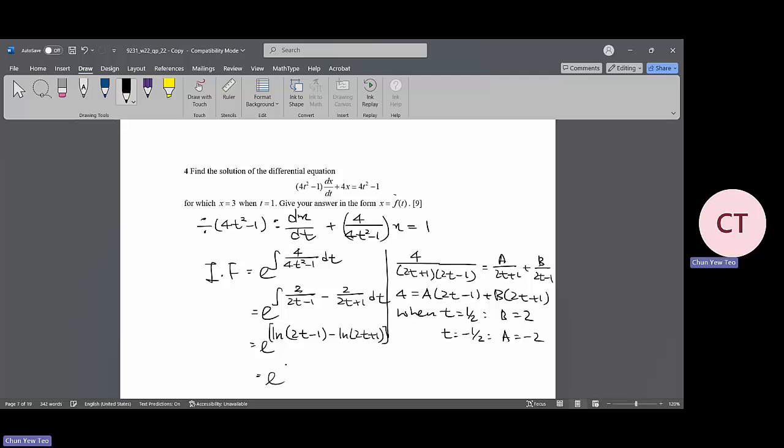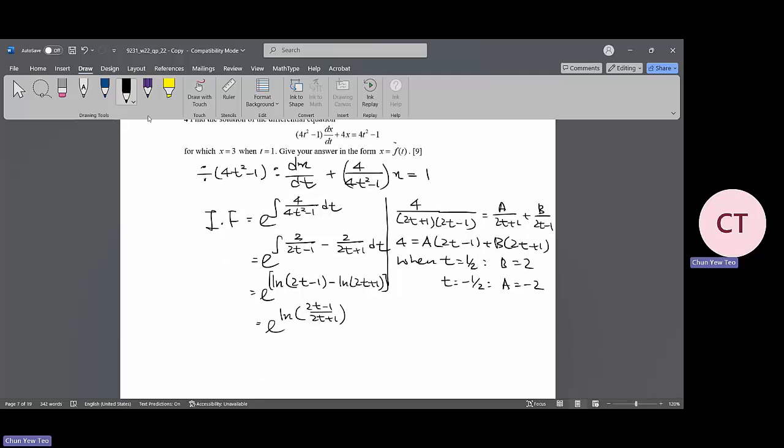So it will be e power ln of 2t minus 1 over 2t plus 1. We know one of the properties of e power ln: it will be the function inside the ln itself. So this will be your IF.